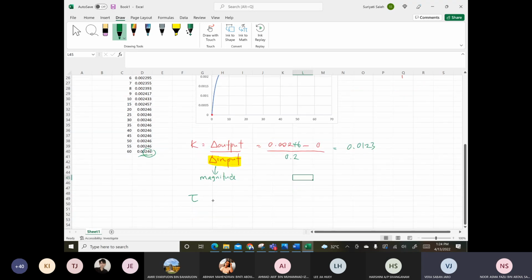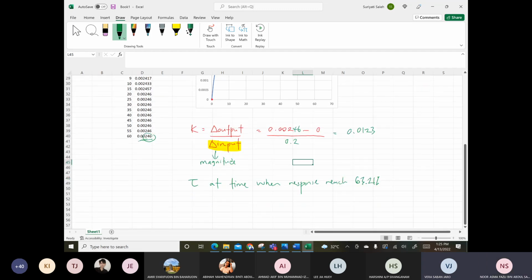Tau normally is the time when the response reaches 63.21%.